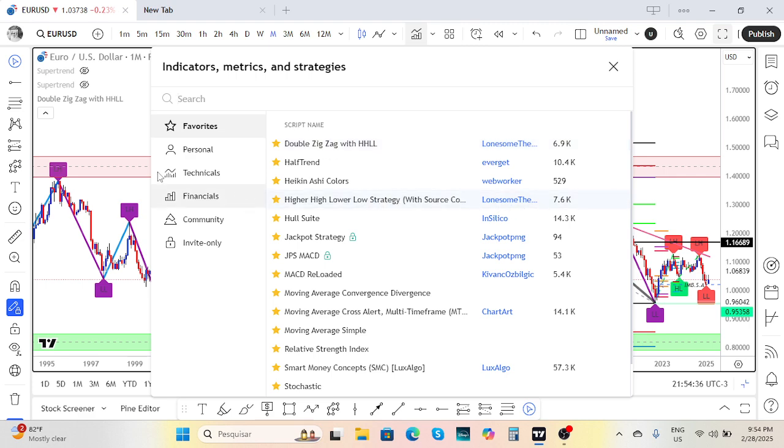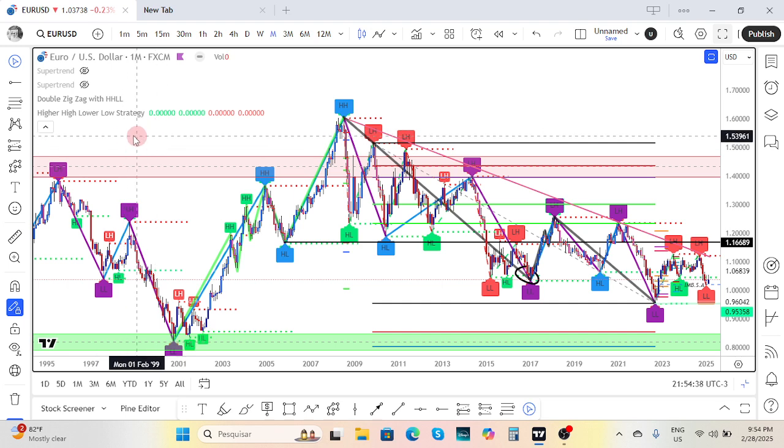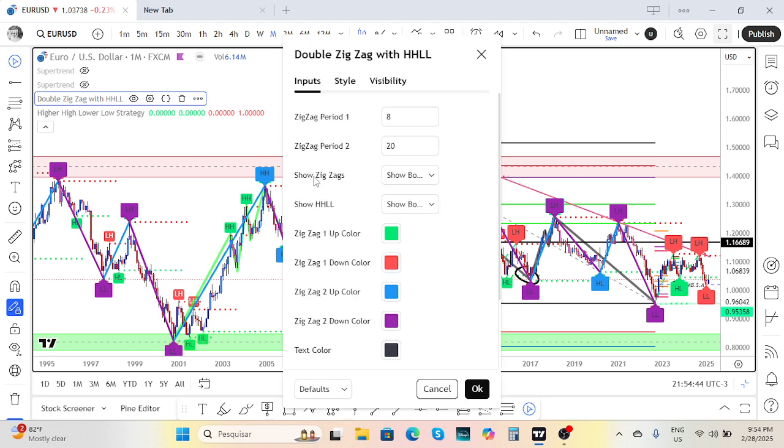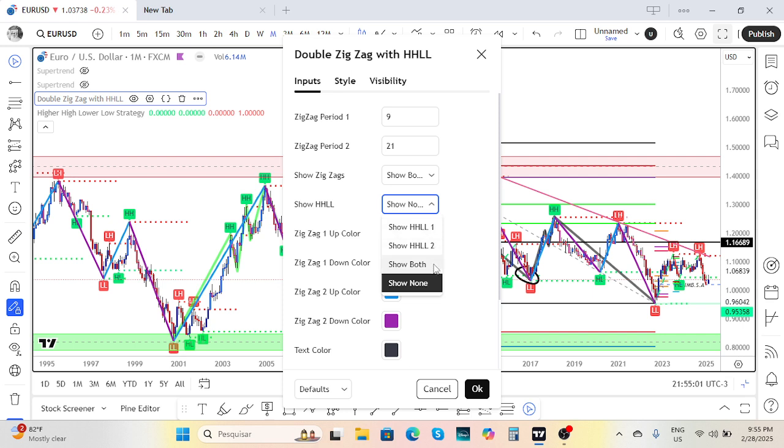So I'm going to put it on my chart, and I'm just going to go right there and look at the settings. I think I have forgotten the settings. So input is going to be 9 and this is going to be 21. This is going to be none. Why none? Let me put both.